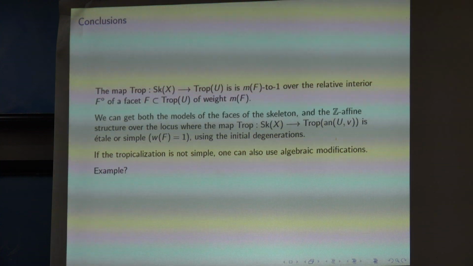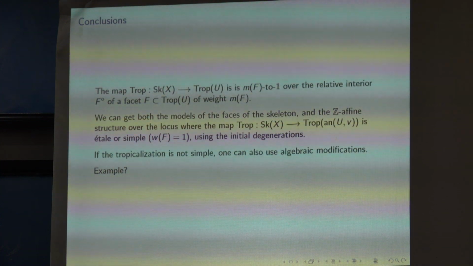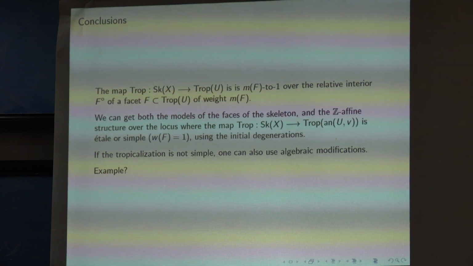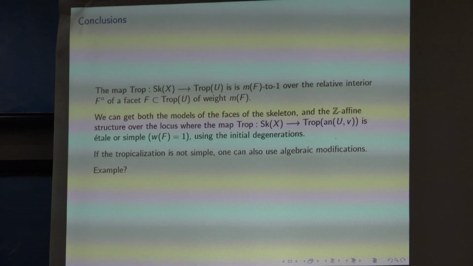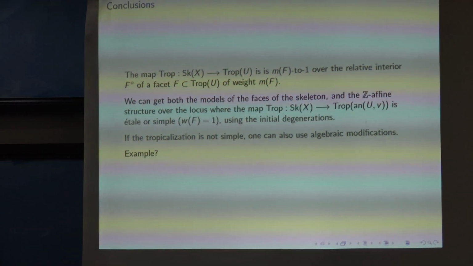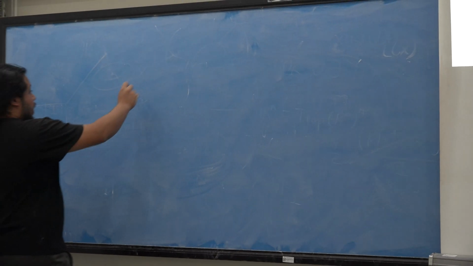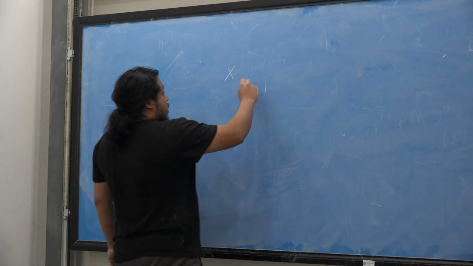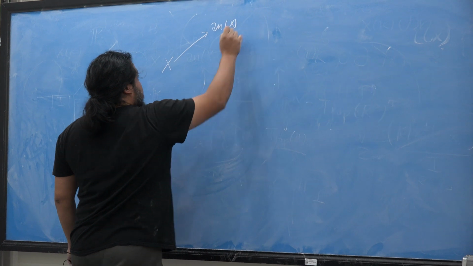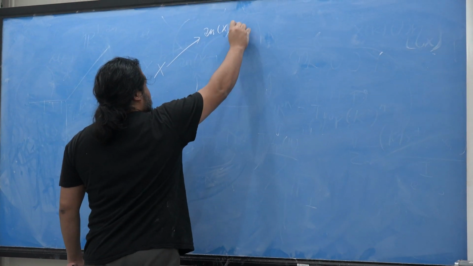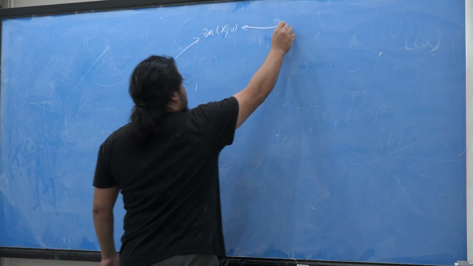So just to finish, conclusions. What I'm saying is that there are a lot of things coming together. You start with a variety, then you analytify it, and then there is one object which is the skeleton.